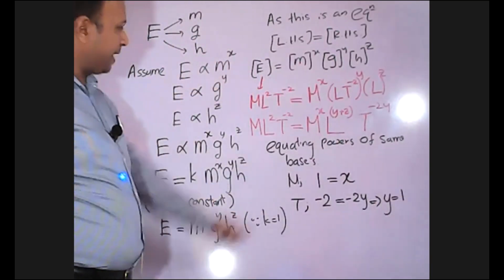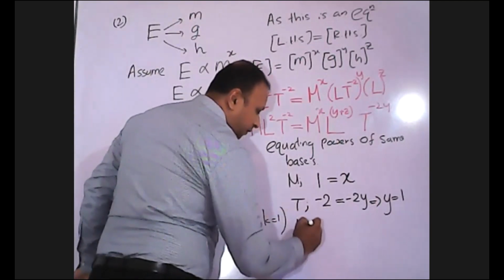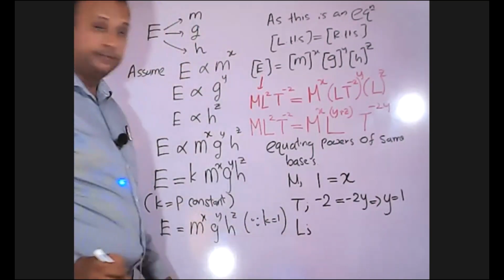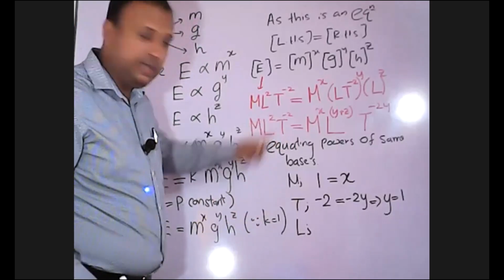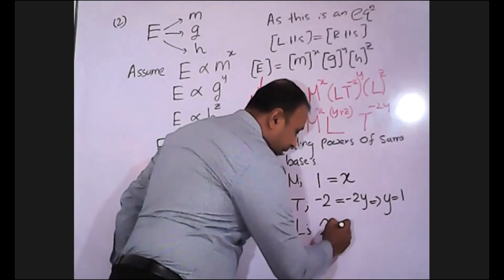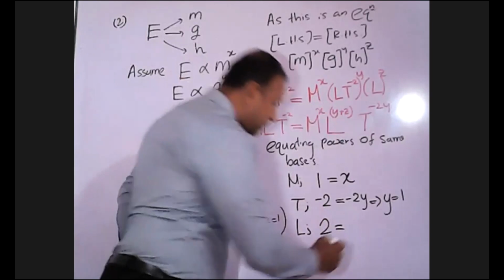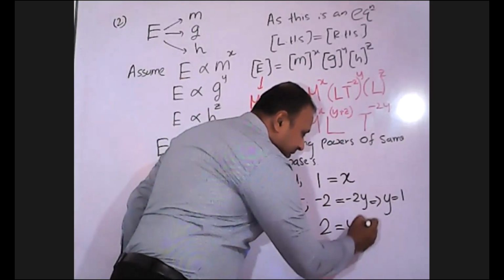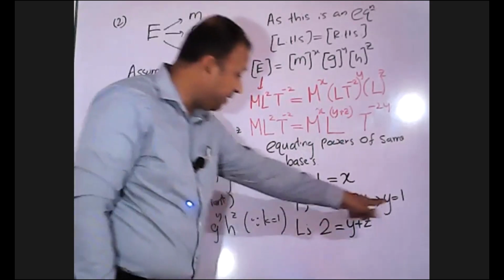After that, finally, you can equate the power of L. The left hand side, the power of L is equal to 2. Right hand side, the power of L is equal to y plus z. I have determined the value of y here.